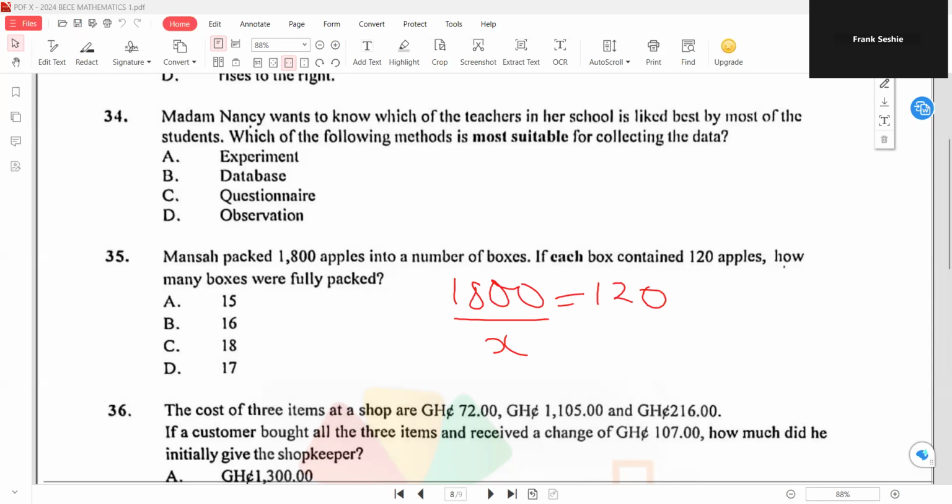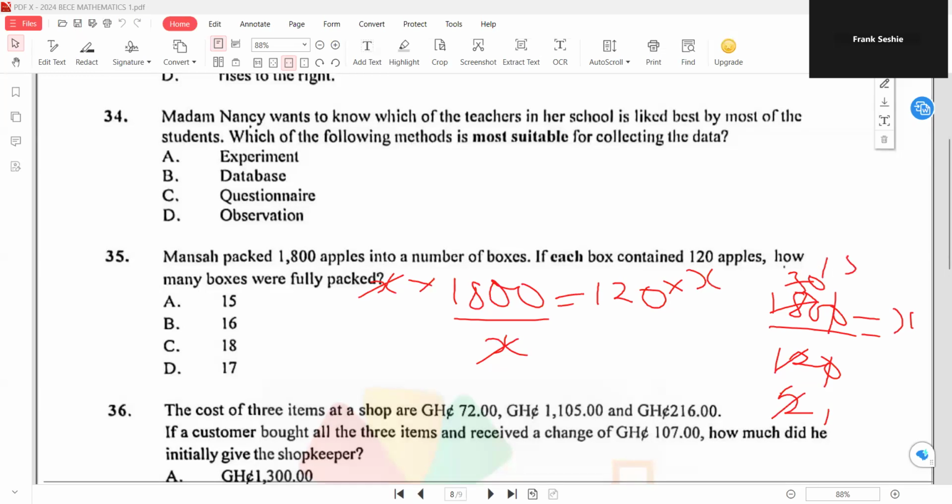So obviously 1,800 out of 120 should give you the value of x. These zeros cancel, 2 sixes are 12, 6 by 6 is 30, 12 by 12 is 1, 15. So we'd have 15 boxes that are fully packed.